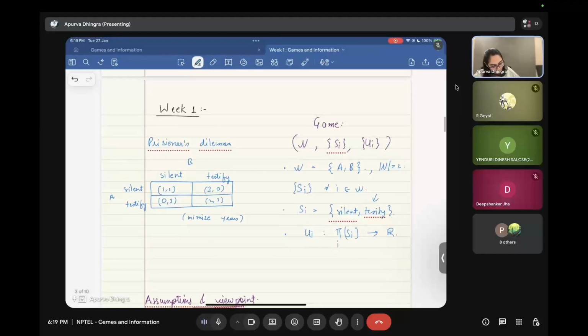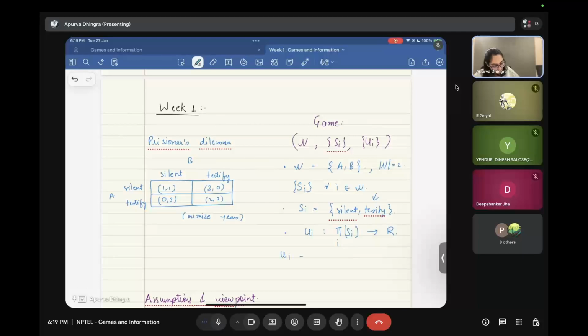So here this Ui considers the strategy of player A and strategy of player B, and it gives us a number out of it. And this is shown in the form of the matrix here.